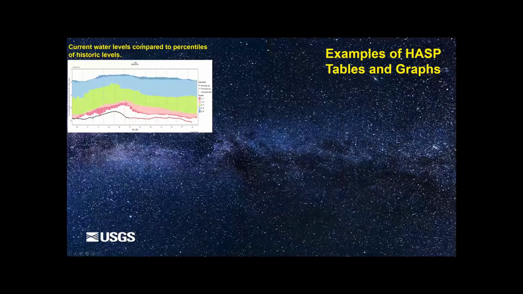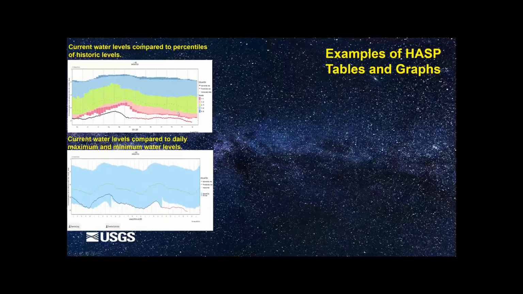Now, in this case, you can see that the black and red line, the approved and the provisional data, are well below any of the percentiles that are shown on this graph. You can also see that it's below, in some places, even the minimum for the period of record.